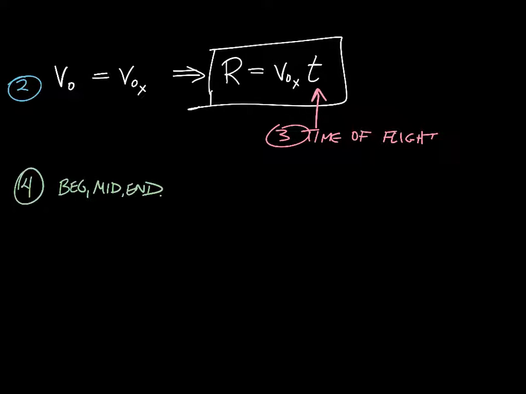You could say range equals 0 at time 0. That's obvious. And we would have half range at 1/2 t, time of flight, because this is peak height.